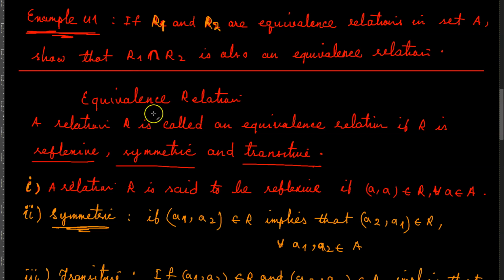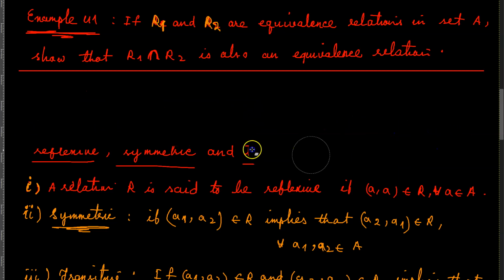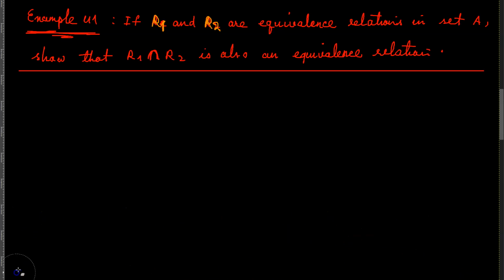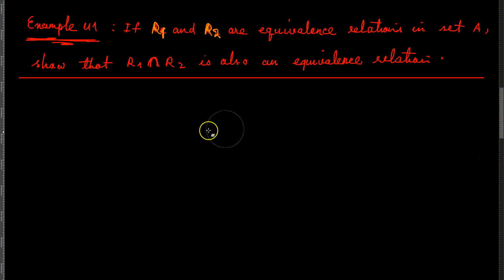Now, the way that you can show that is, let's think about this. R1 is an equivalence relation in set A, meaning that R1 is reflexive, symmetric, and transitive, right?